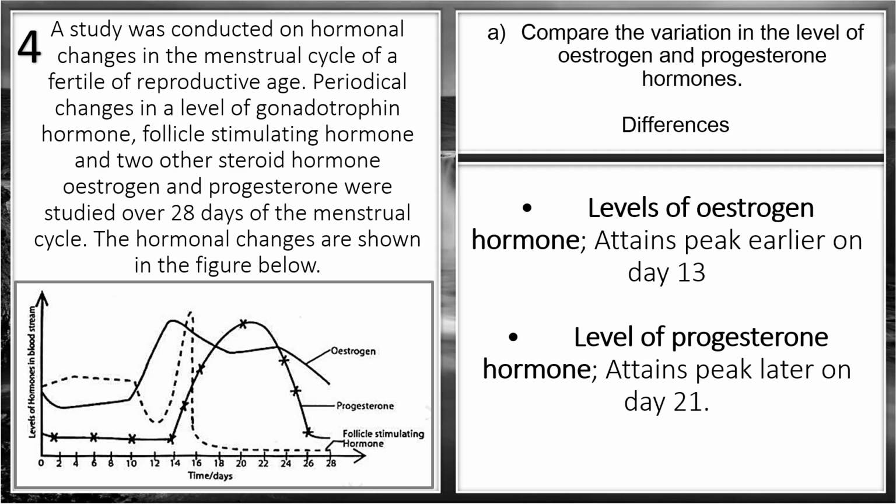Estrogen attains a peak earlier, on the 13th day. That's where it retains its peak, and then progestogen attains a peak at a later day, on the 21st.